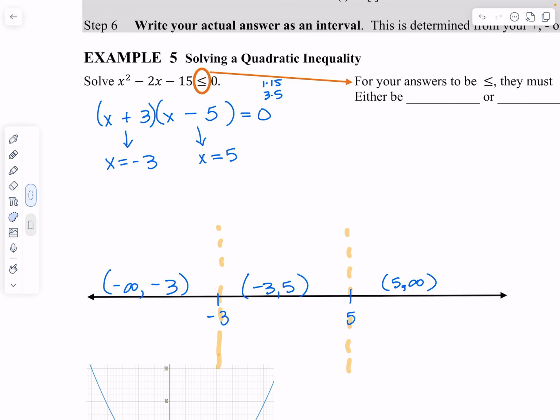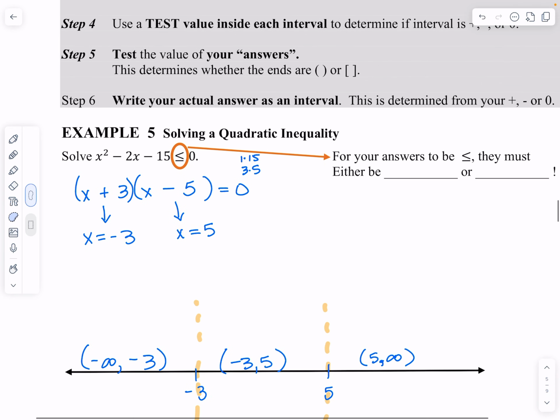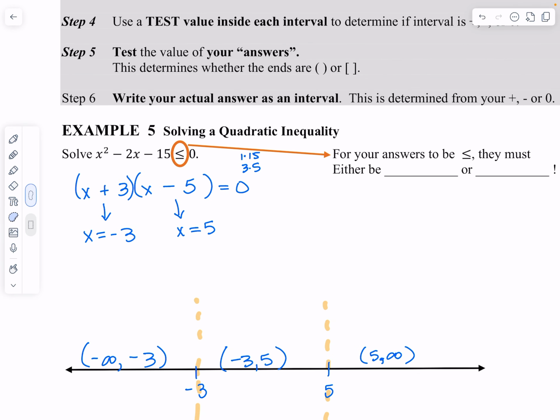So now we've got to figure out which ones are going to be the answer. And the way you do that is first look at your actual inequality up here. Notice it says less than or equal to 0. So if it is less than 0, is that a positive number or a negative number?